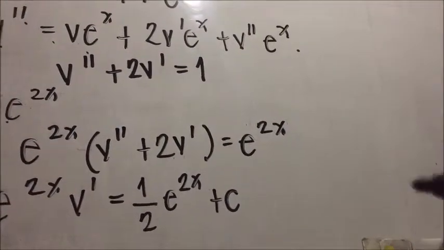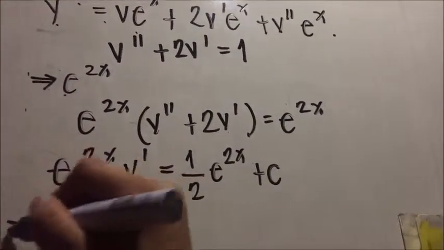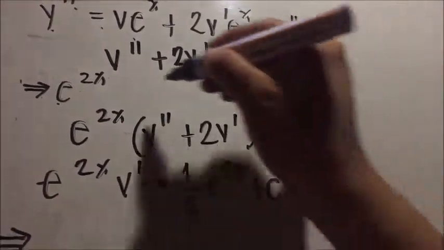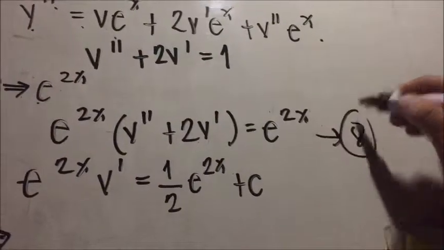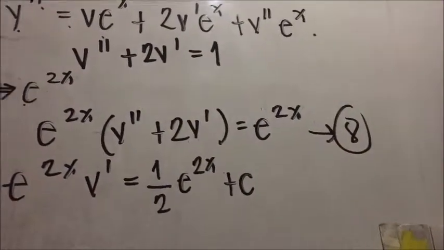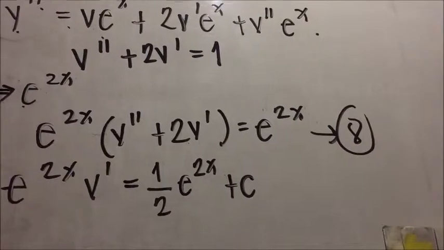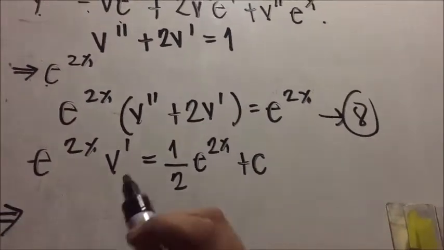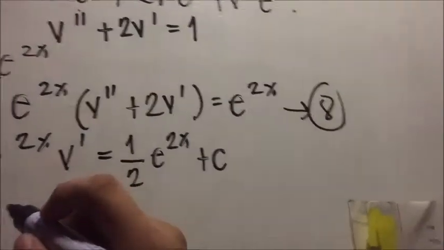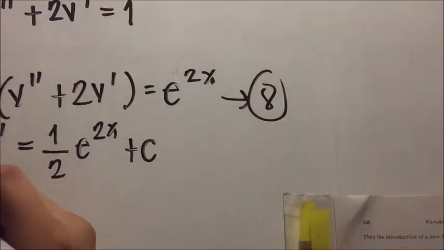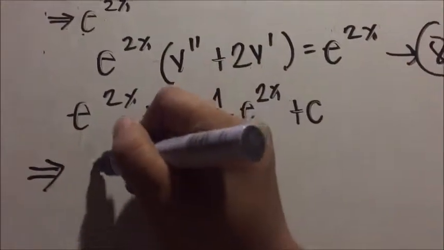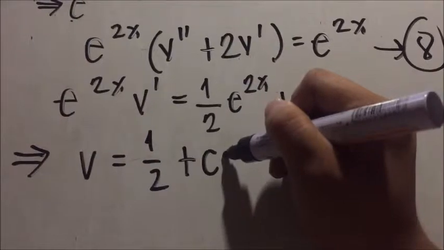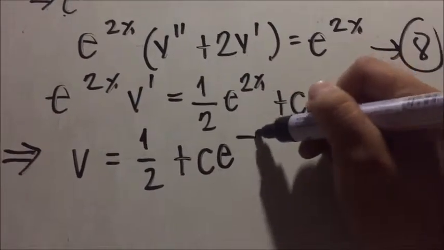So equation 9 readily gives v prime is equal to 1/2 plus c e raised to negative 2x.